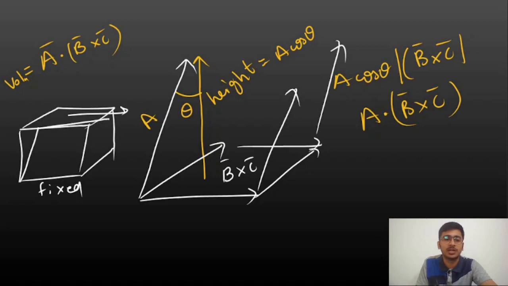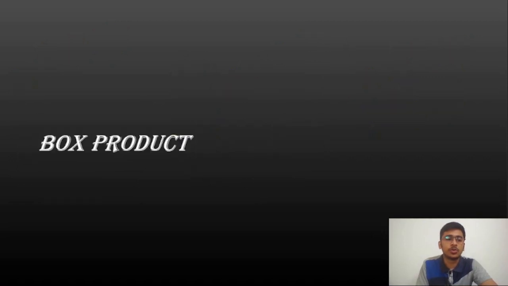So that shape is our parallelopiped. So I think it's clear what box product is, and since we have already studied dot product and cross product, box product is quite natural.